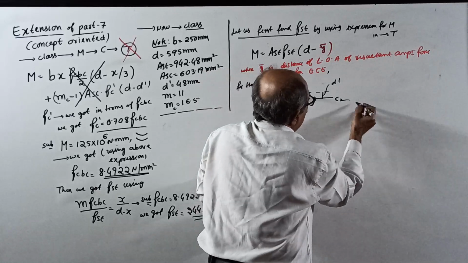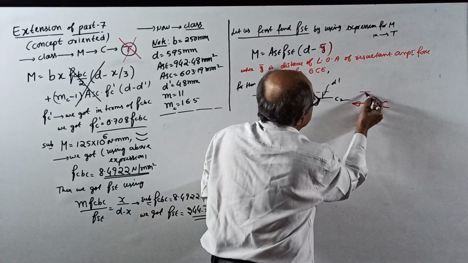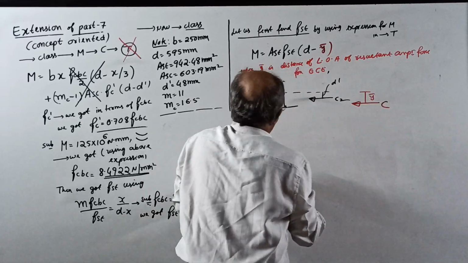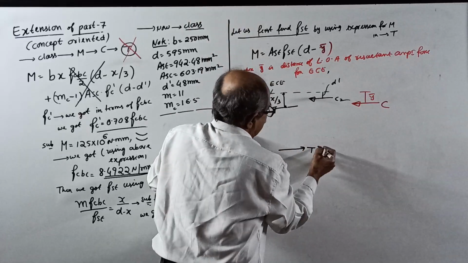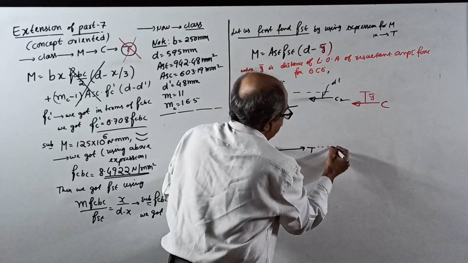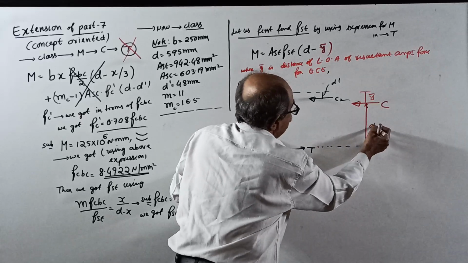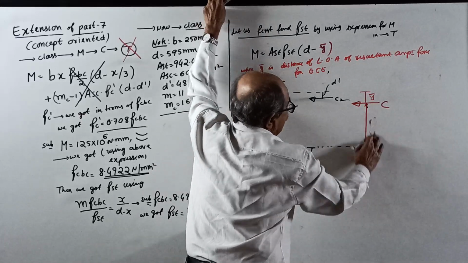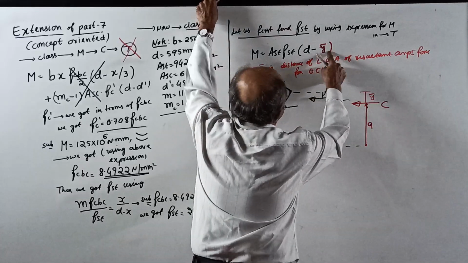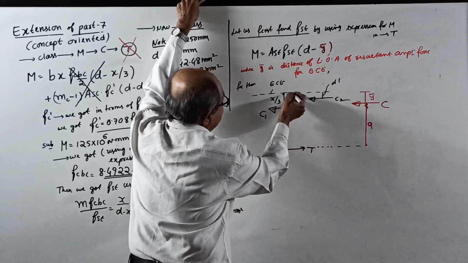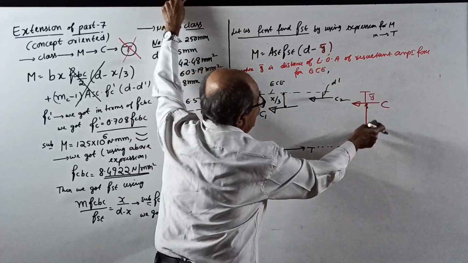Because of these two, the resultant C will pass here at a distance of y bar, and somewhere here tension T is there. If I project this from T, this is the real lever arm A. Now you can make out why it is d minus y bar. From here to here is d. So lever arm equals d minus y bar.